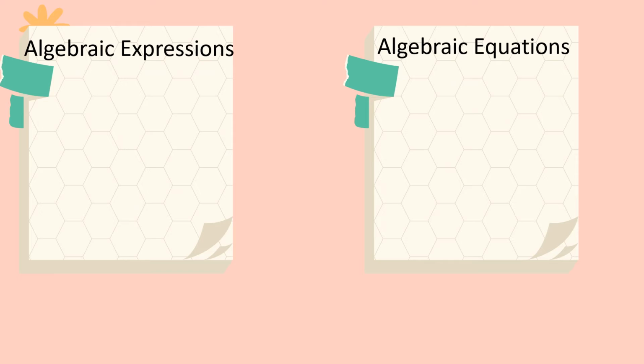Now I have here on one side algebraic expressions. I'm going to show examples, and on the other side I'm going to show algebraic equations. Please try to observe the difference between these two. I have x plus 8, or I can say this as the sum of x and 8.